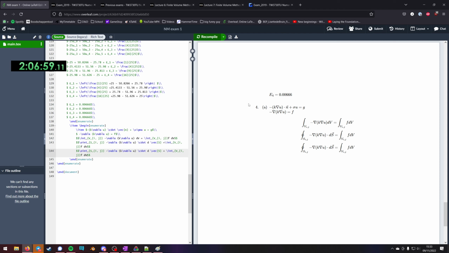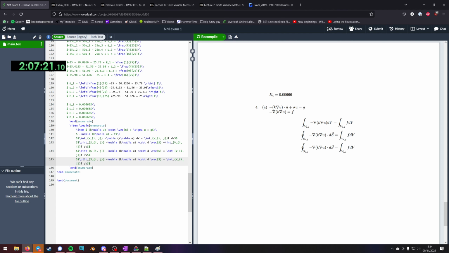Wait, what? The left side is boundary, right? The northwest part. No, I'm talking about the left side of the equation. Okay, so the top left side is indeed a boundary, and the rest isn't. So I'm going to split this integral up into three parts.